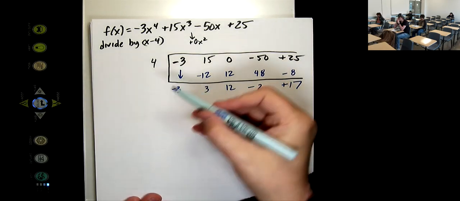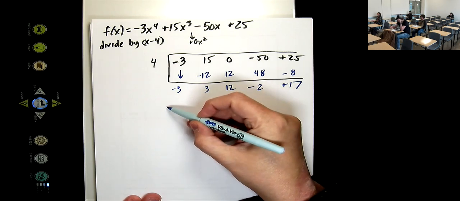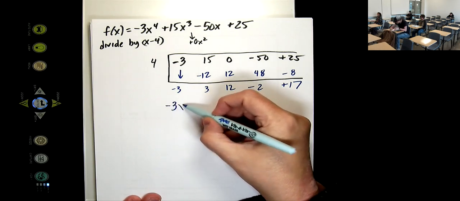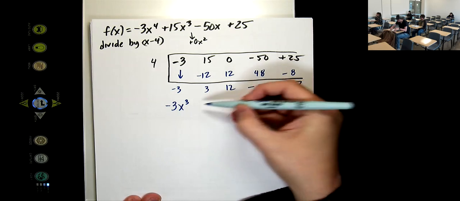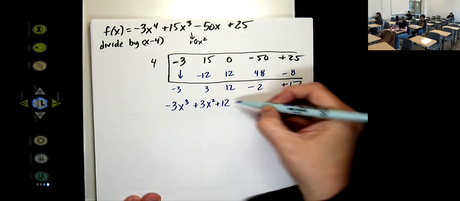Which means that dividing by that value gives me a polynomial of 1 degree smaller, which would take me down to x cubed. And then just plugging in those coefficients.